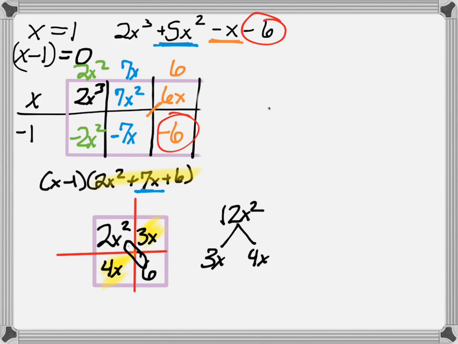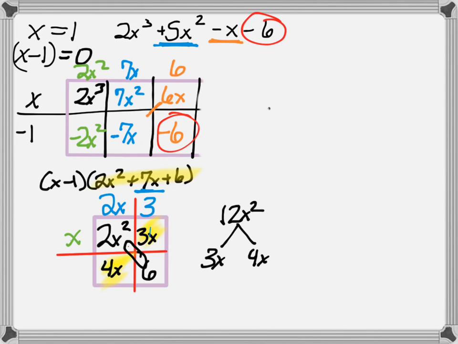So if I factor out my first column, what can divide into both pieces? What can divide into both pieces of my second column? 3. On my first row, 2x, not 2x, 1x.